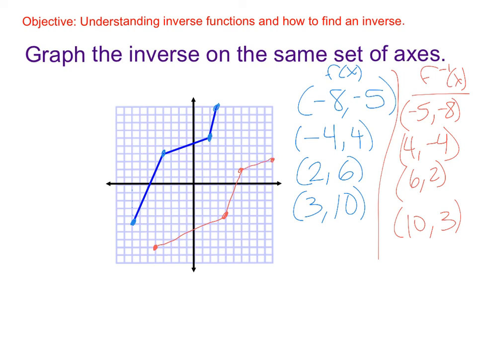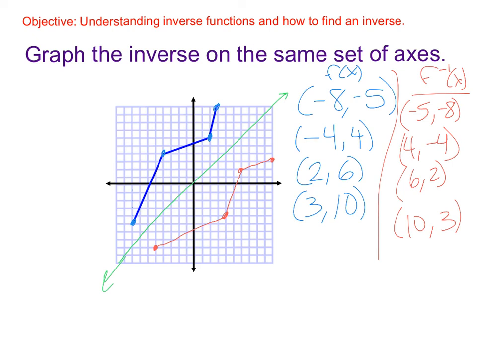All right, so look at this, and does anyone notice anything? There is a reflection here. What are you reflecting over? We are reflecting over the line y equals x. So another way of thinking about inverse is it's a reflection over the line y equals x.